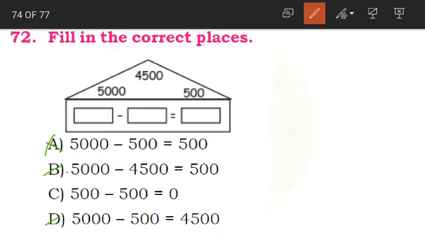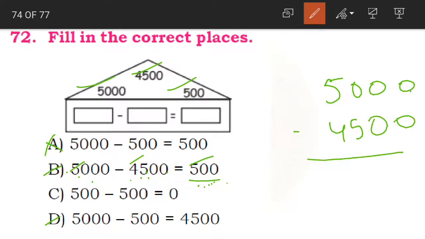Now coming to option B. 5000 minus 4500 is equal to 500. All the 3 numbers are used, right? 5000, 4500 and 500. Now let us subtract and see whether the difference is 500 or not. 5000 minus 4500. 0 minus 0, 0, 0 minus 0, again 0. 0 minus 5 is not possible, so we'll borrow. 0 becomes 10, 5 becomes 5 minus 1, 4.